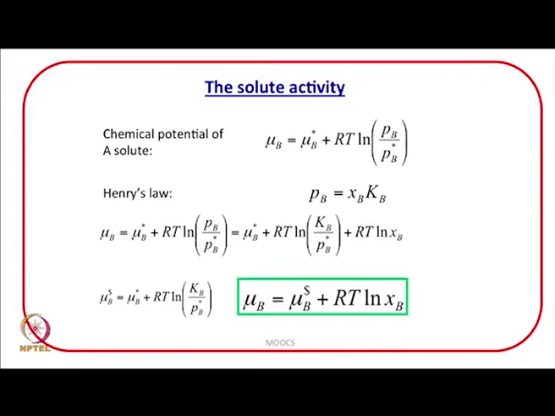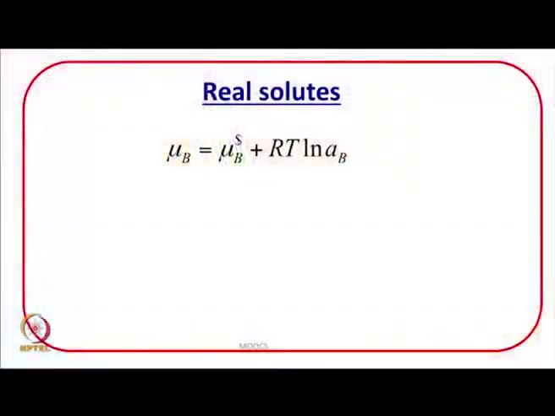Earlier we defined the chemical potential for the solvent, and we introduced the activity of solvent. Here we will introduce the activity of solute. But what is the difference? Earlier we discussed ideal dilute solutions.